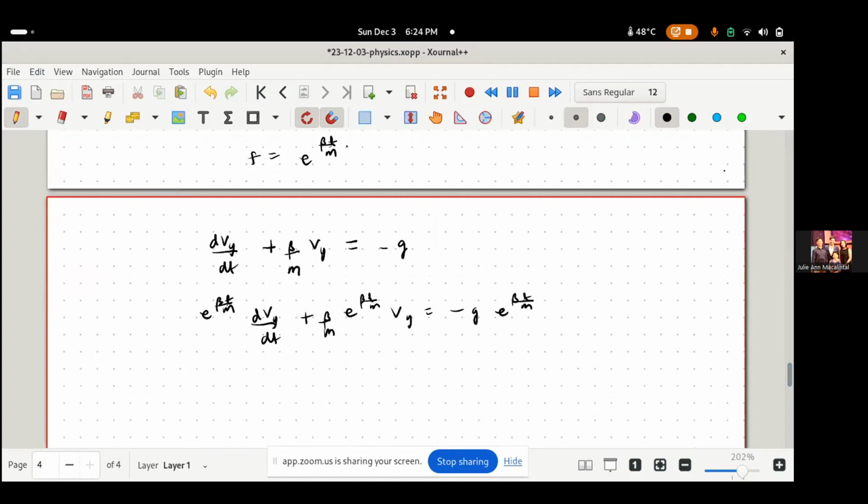Ngayon, yung left-hand side can be written now as d dt e to the beta t over m times vy. Kaya ako pinili na yung arbitrary constant 0 kasi we don't actually need that. Kailangan lang natin a function, a solution.